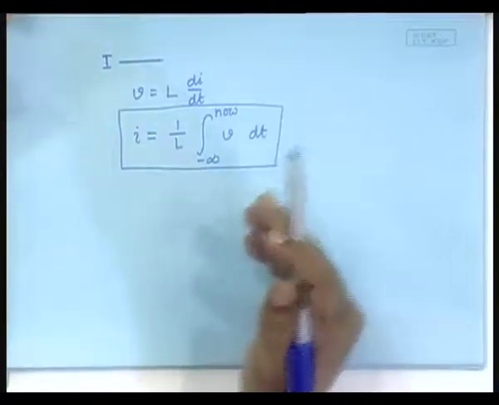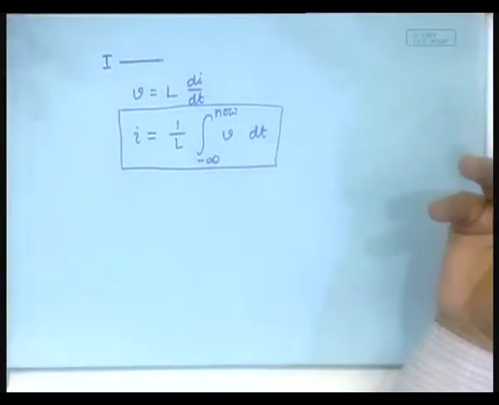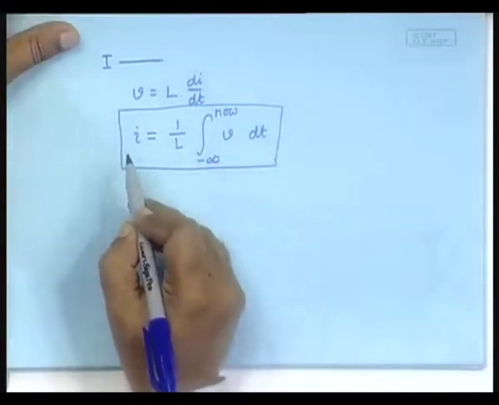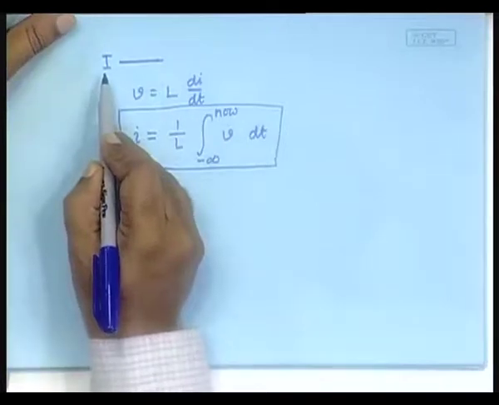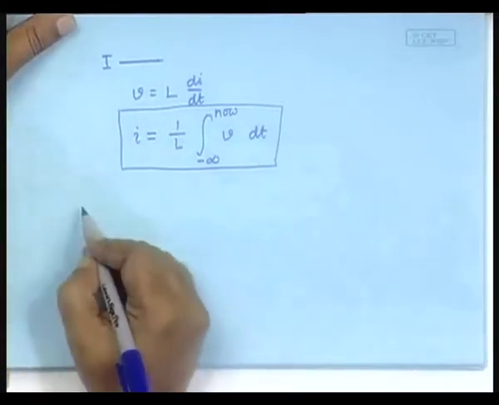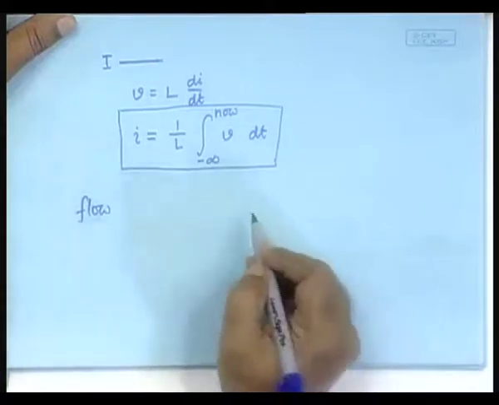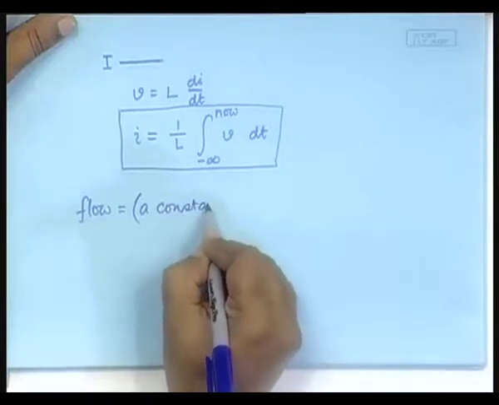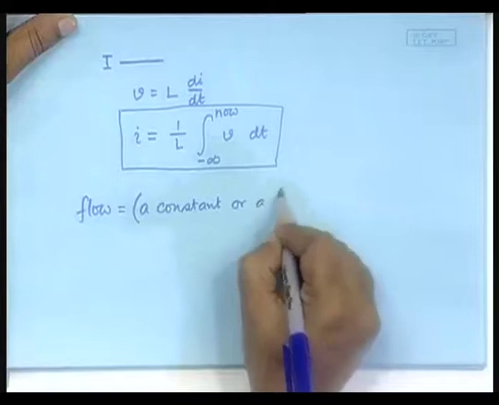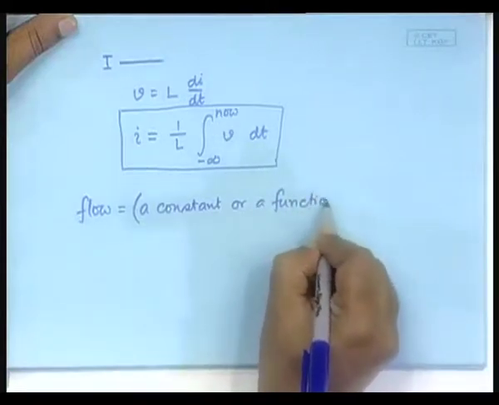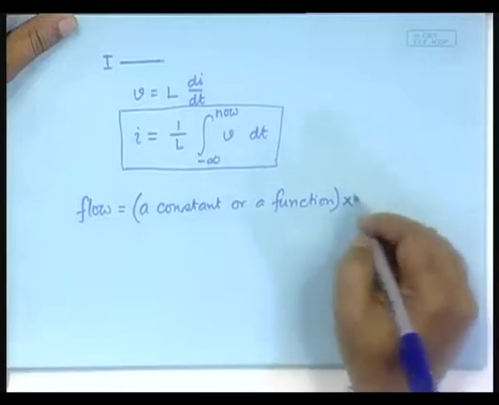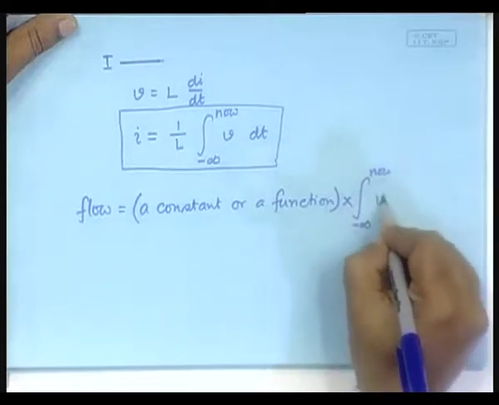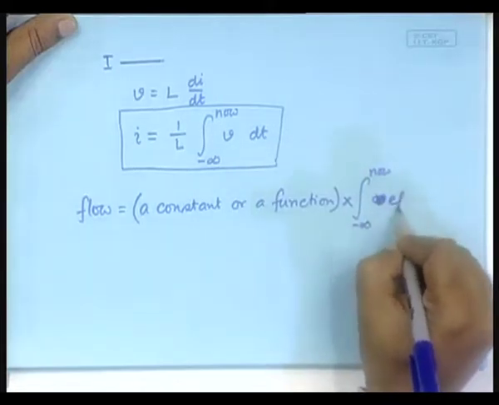The inductor could also be a nonlinear element or something like that. That means there could be saturation or whatever. So, let us generalize this. The character of the inductive element or the inertial element is that the flow is equal to a constant or a function times this integral from minus infinity to now, sorry, not V, effort dt.